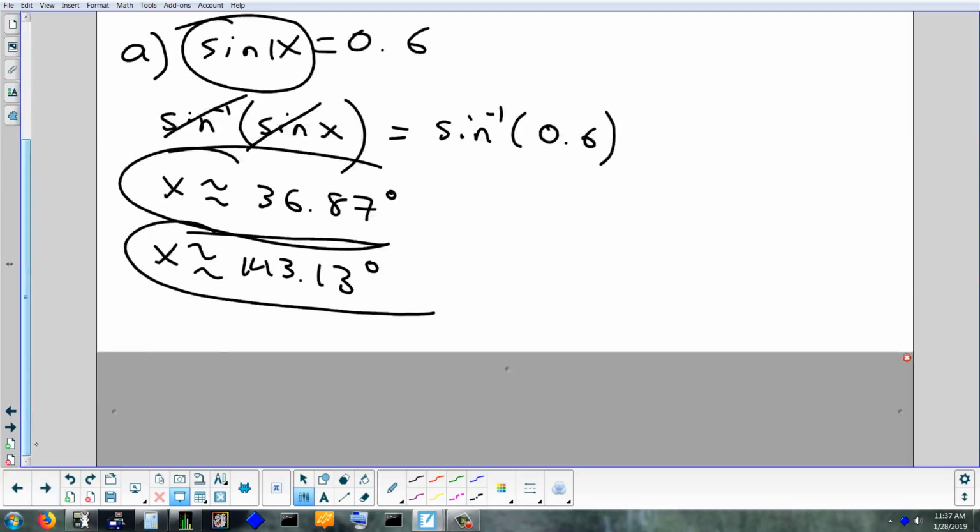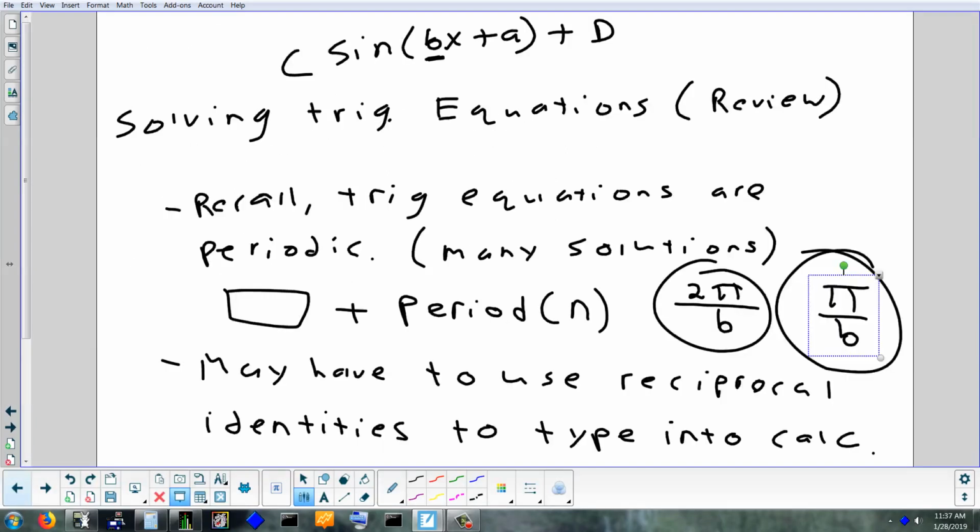So when I put plus period times n, b is 1, and it's a sine function. Which one of these would I use, the one on the left or the one on the right, once I change the pi's to 180s? Which one do we use for sine? Emily?